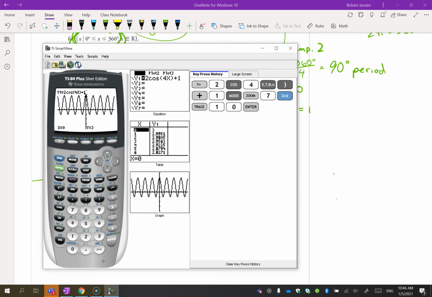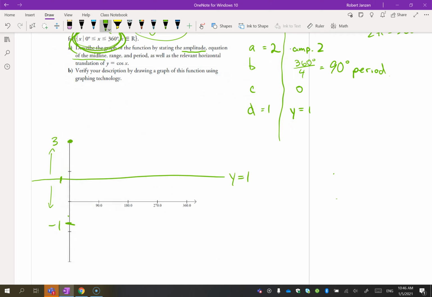Well, we know that one period is 90 degrees. So it's going to go back to that peak after 90 degrees. So it should go down and back up again by the time it gets to 90. And then it's going to do that every 90.